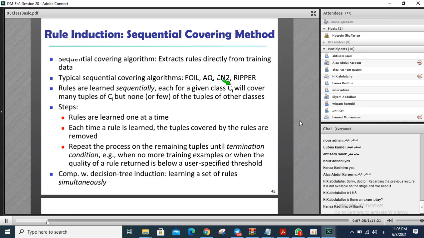So at each time they just learn the rules about a single class.